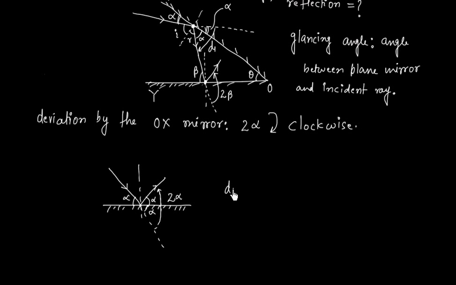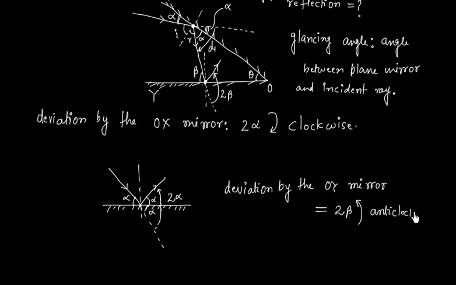So we can say the deviation by mirror OY is equal to 2 beta. Now the direction is this, so this is anti-clockwise, because in this case the ray is deviating in the anti-clockwise direction.